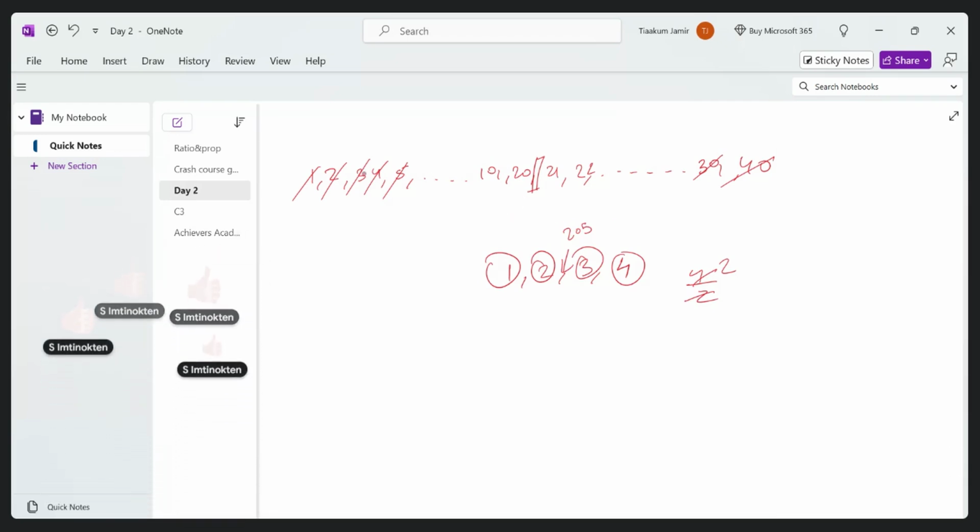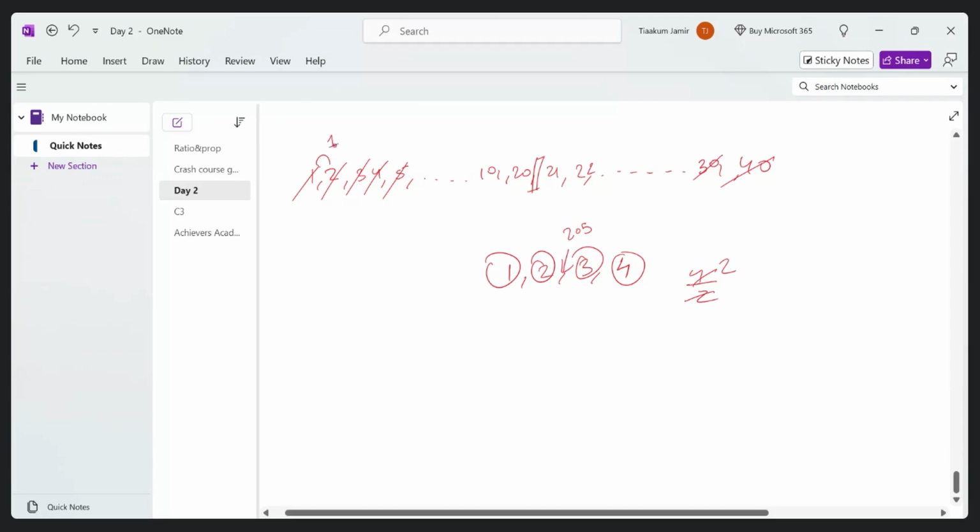For 40 numbers, that means the middle is 20 and 21. Now the difference is 1, and half of 1 is 0.5. That means you can add 20 plus 0.5 or 21 minus 0.5, which will give us 20.5.